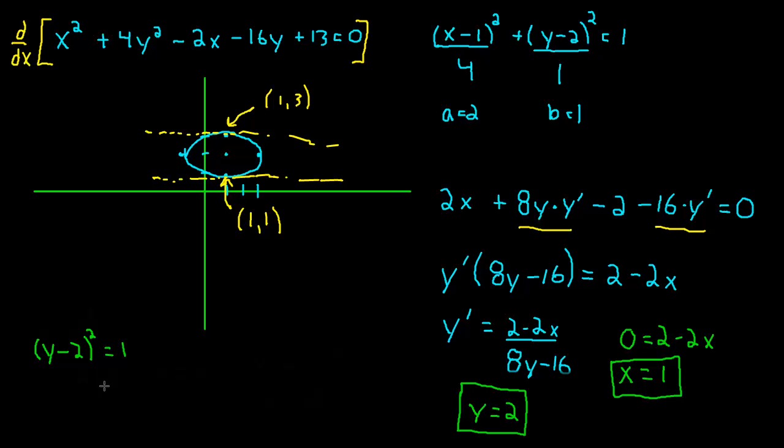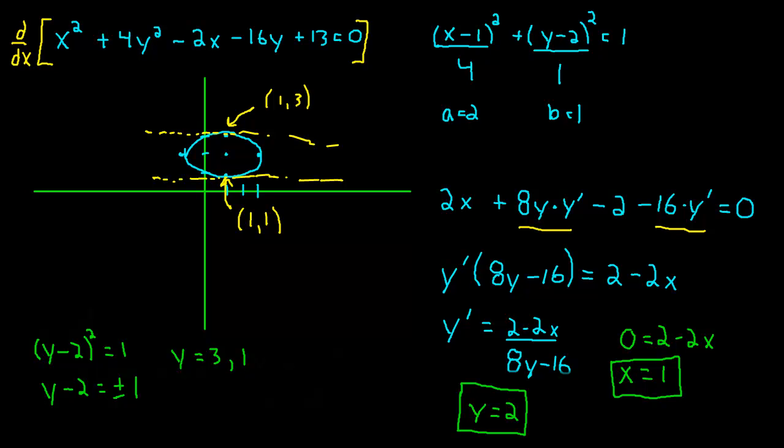Now this isn't too difficult to solve. Take the square root of both sides, and I get y minus 2 equals plus or minus 1. If I add 2 to the other side, I get y equals 2 plus 1, which is 3, and y equals 2 minus 1, which is 1. So when I substitute 1 in for x, I get back two values of y.